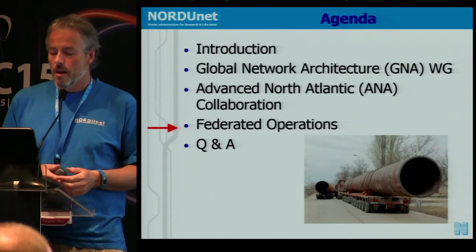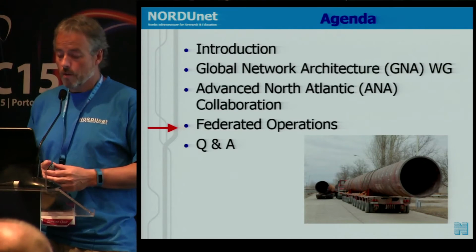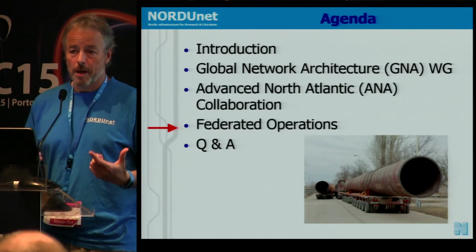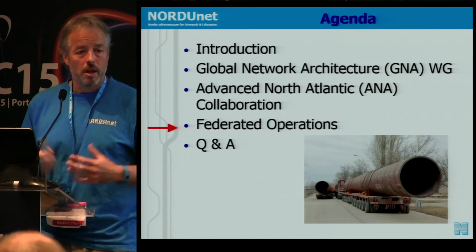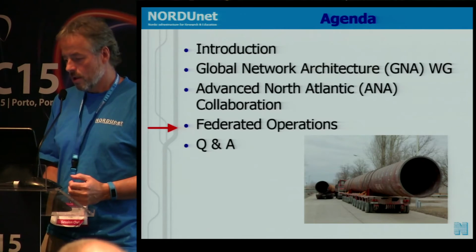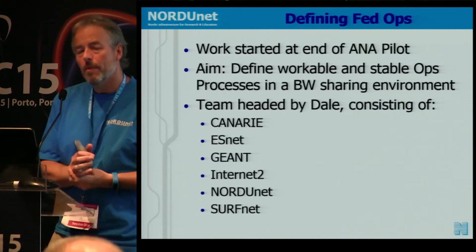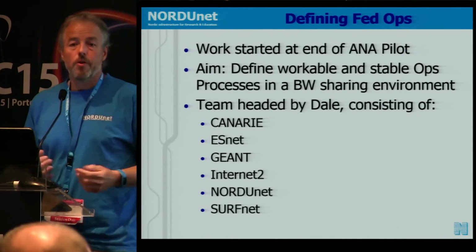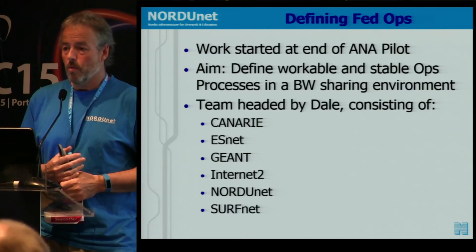Okay, last piece of my talk on federated operations. We have these big pipes and open exchange points. The participating NRENs hanging off the open exchange points. And how do you operate that? Well, we saw a few disasters in the ANA pilot, and we were lucky to have them.